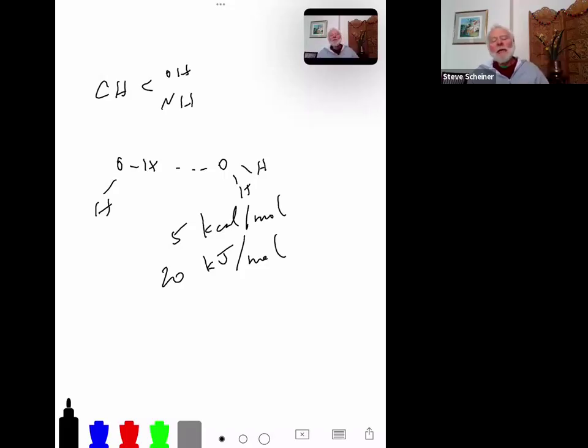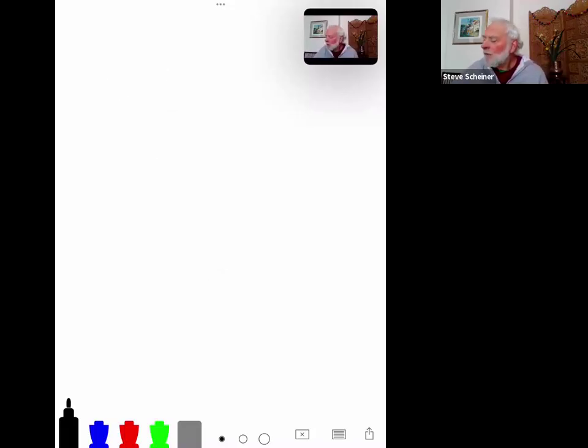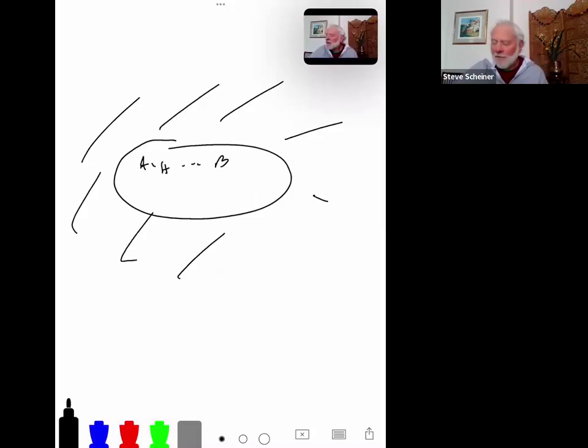So as you're reading in the literature, if you're reading ab initio calculations or gas phase, these are the sorts of numbers you look at. Whereas when you put this into solution, so if I take any hydrogen bond and I surround it by stuff, by which I mean put it in solution, put it in a low temperature matrix, that is going to change the hydrogen bond energy.